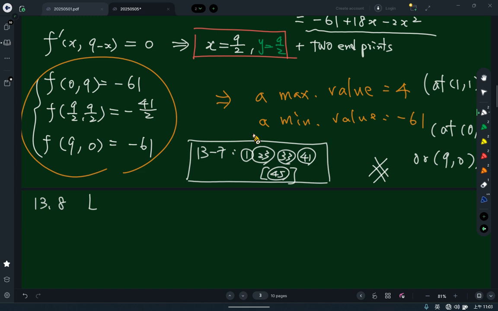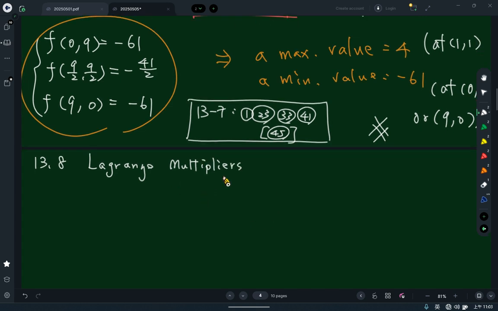We will talk about the Lagrange multipliers. Lagrange multipliers is also very important, but I will just teach you how to use the Lagrange multipliers method.